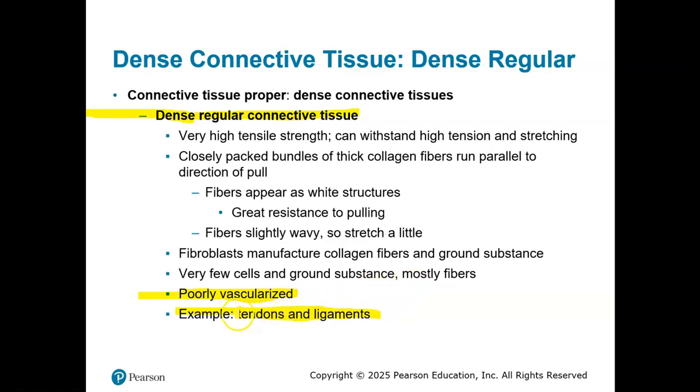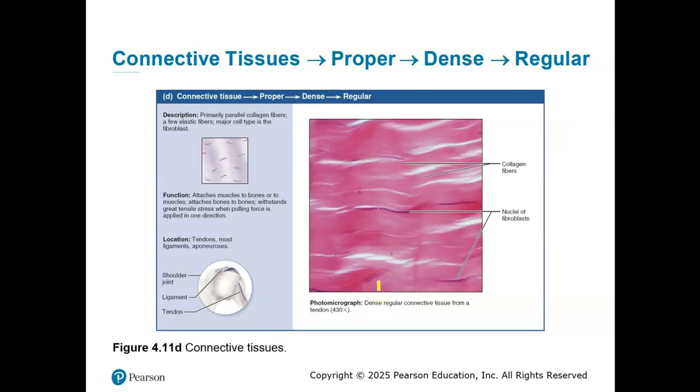Tendons connect muscles to bone. Ligaments connect bone to bone. They also give an example here of the aponeuroses, like the aponeurosis that connects the frontal and the occipital muscles in your skull. They're muscles of your head.